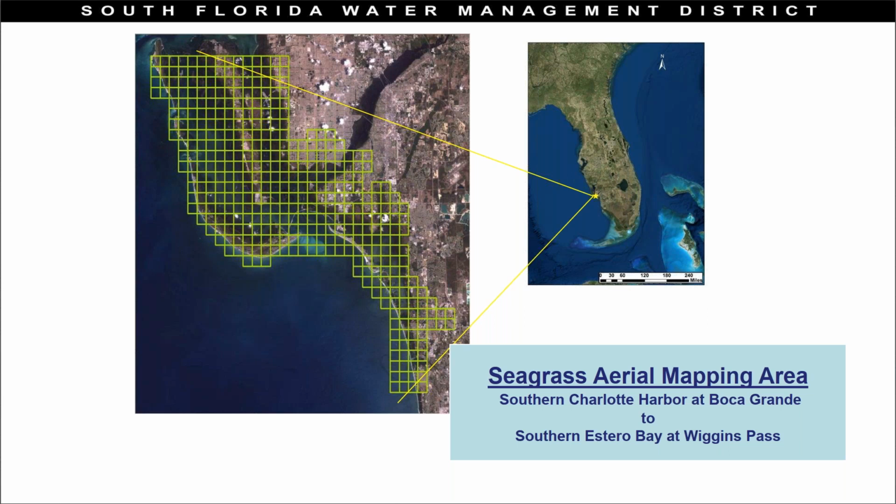Our seagrass aerial mapping area covers southern Charlotte Harbor at Boca Grande, all the way south to southern Estero Bay at Wiggins Pass.